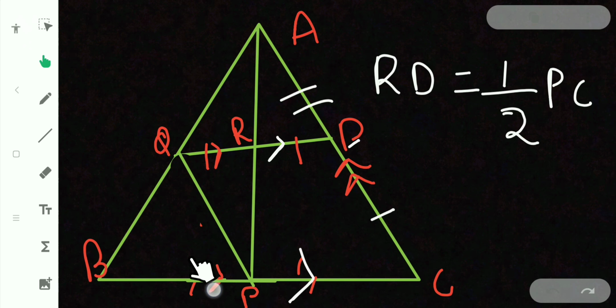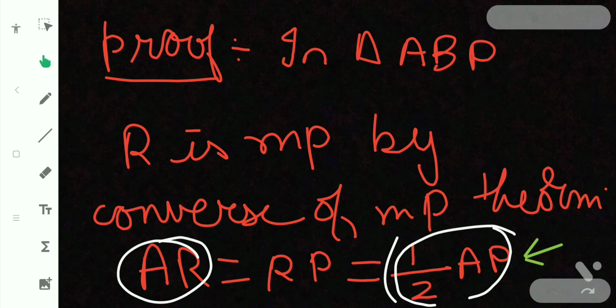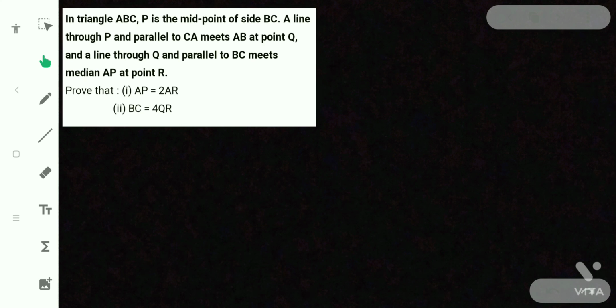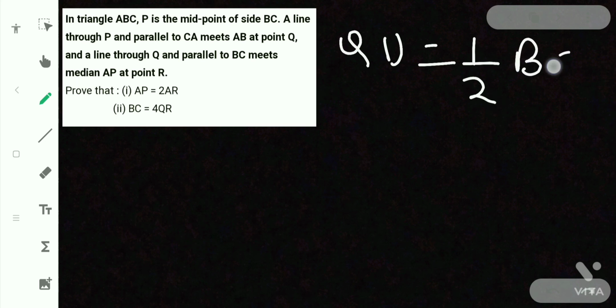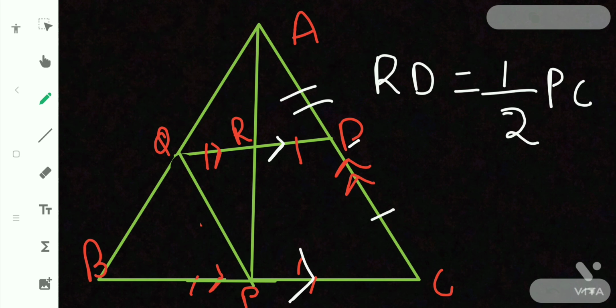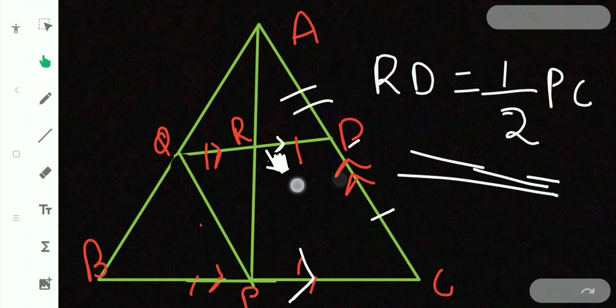So by the midpoint theorem, QD will be equal to half of BC. But we know RD is equal to half of PC.